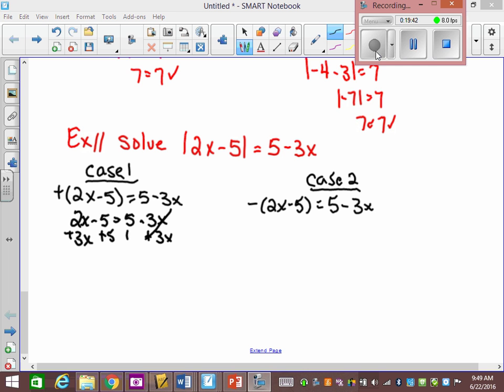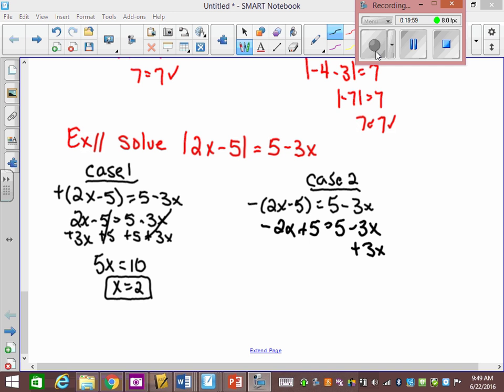Add the 5. So 5x equals 10. X equals 2. This you'll get negative 2x plus 5 equals 5 minus 3x. Add the 3x. Minus the 5. You get x equals 0.